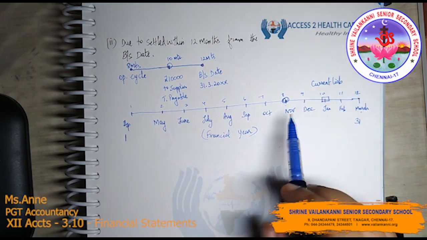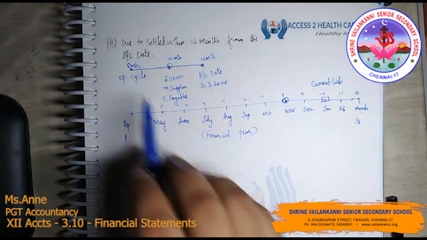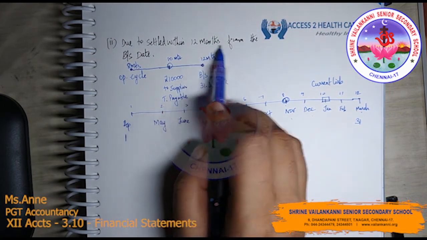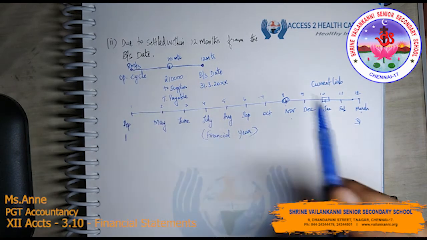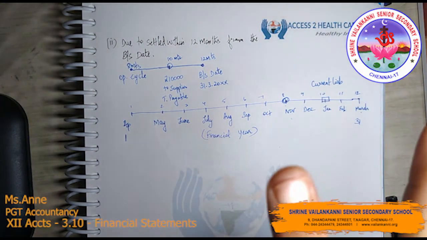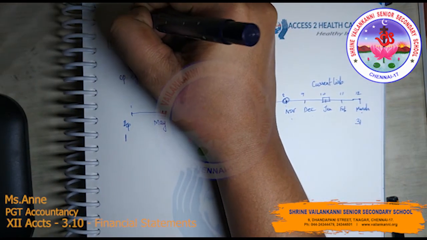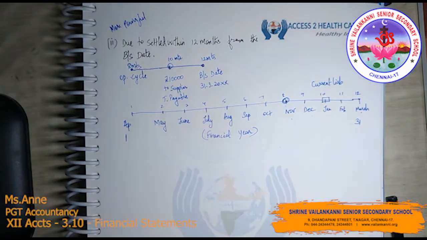It is to be treated as current liability, because due to be settled within 12 months from the balance sheet date is very important. The second criteria is more powerful.